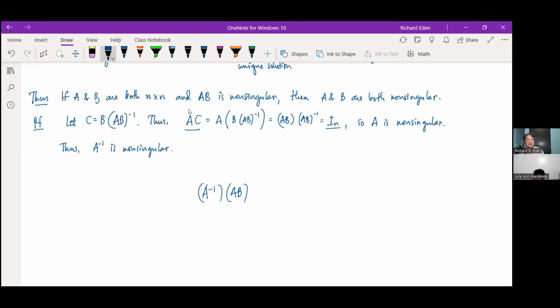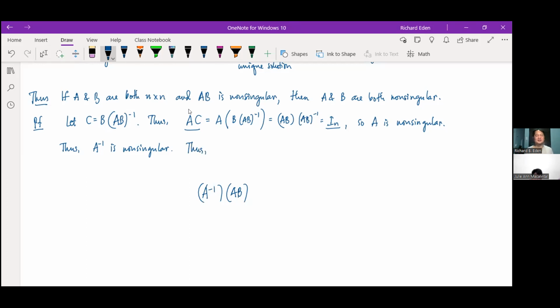And B has been expressed as the product of non-singular matrices. Therefore, the product B is non-singular.